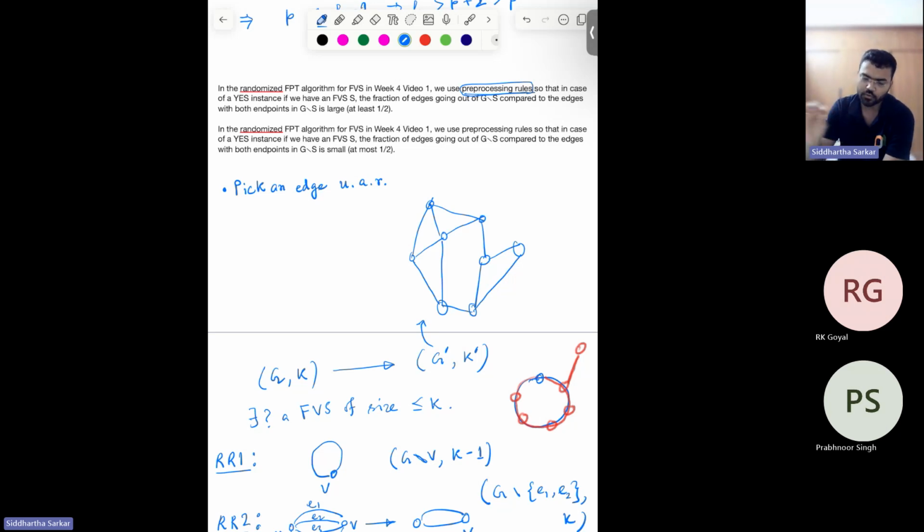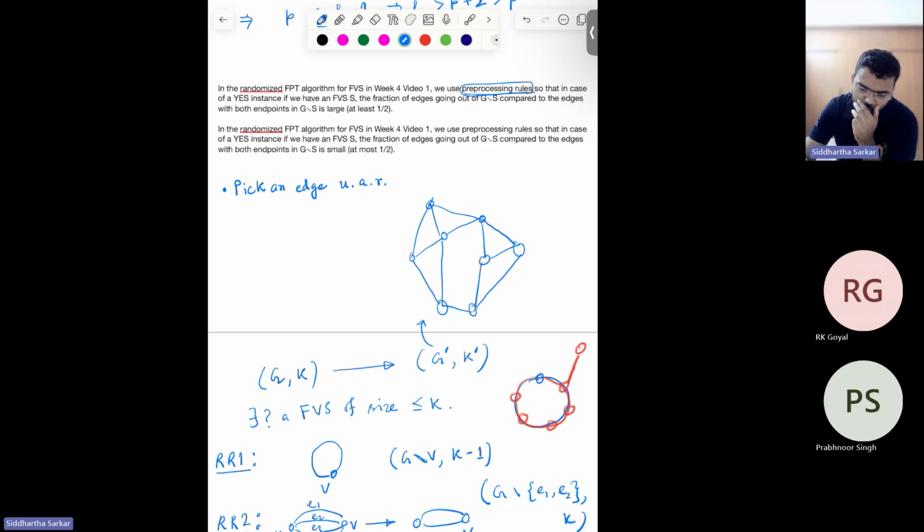So the probabilities are uniform. All right. And yes, there is a vertex of degree 2 as well in this diagram.